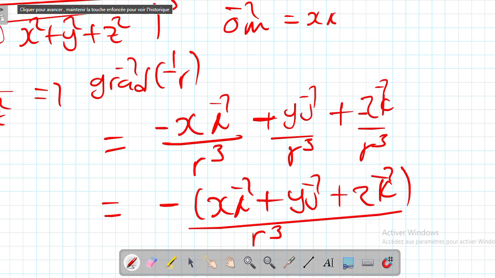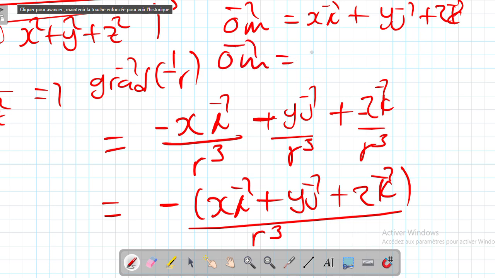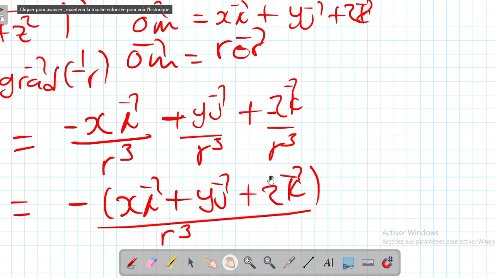This is OM in the base Cartesian. So what is OM in the base cylindric? It's r ER. Here you can say this is OM, but we're converting everything to the base spheric. So what is your OM in spheric? Because you converted what you found.